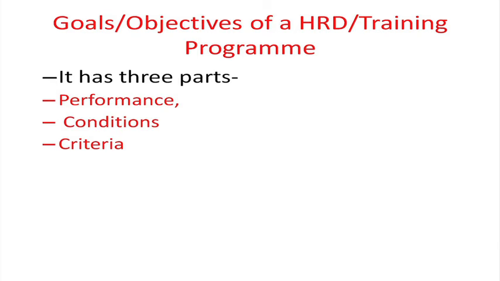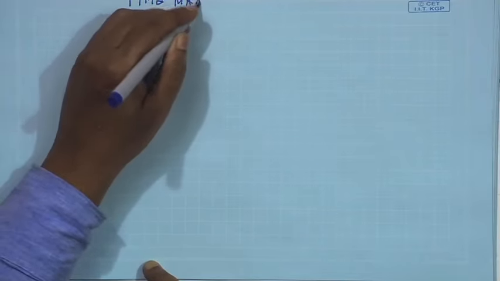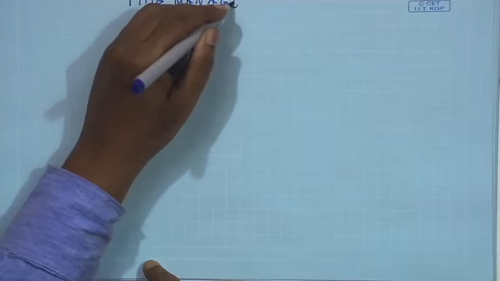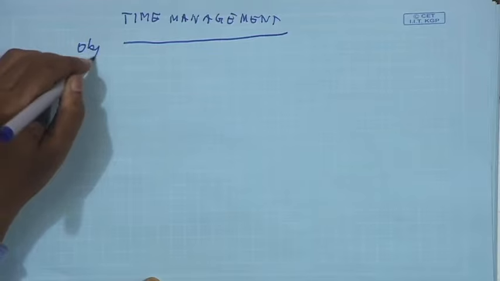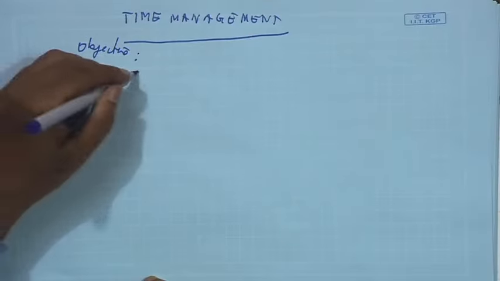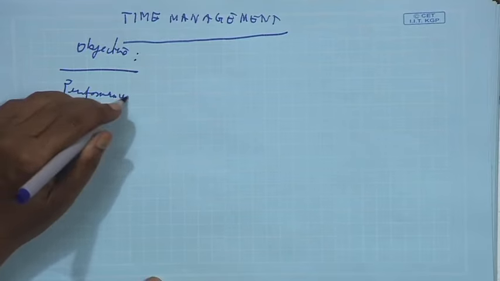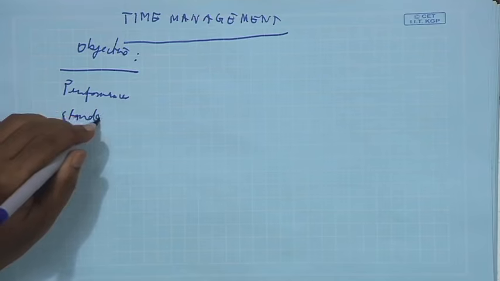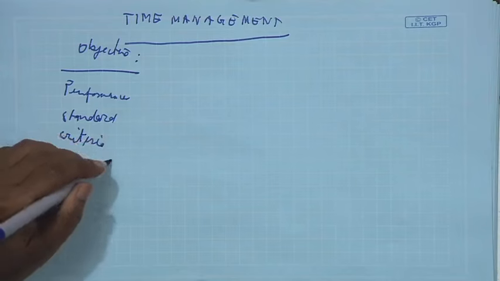So, what we are going to discuss is how you develop an objective, for example, if I am going to develop an objective for a time management program, which has these three parts: performance, standard, and criteria, right.